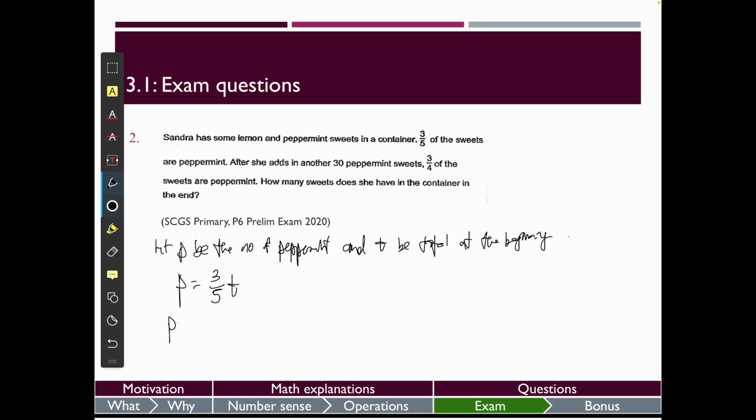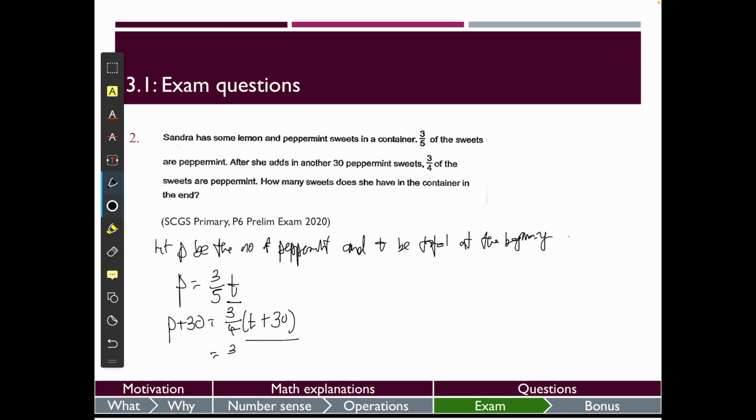So when you added 30 peppermint sweets, it became 3/4 of the total. By the way, this means plus another 30 sweets, because you have 3/4 of the total, and the total now is T plus 30. This is the initial total. Now the total is T plus 30.